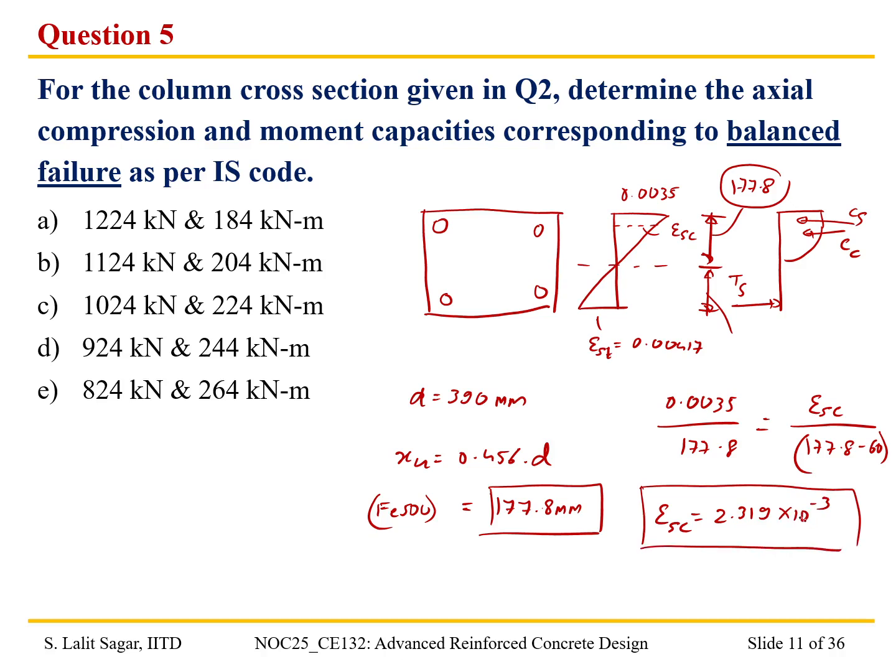Why do we need this? Because from the strain, we can proceed to find out the stress, and from the stress we get the forces, and then once we perform the force equilibrium, we can obtain the axial load, and then we can proceed to determine the moment capacity. So corresponding to epsilon SC of 2.32 into 10 raised to minus 3, we can obtain the value of FSC, right?